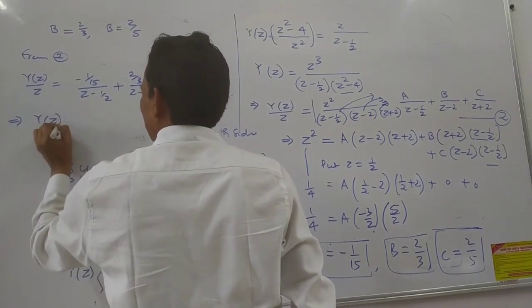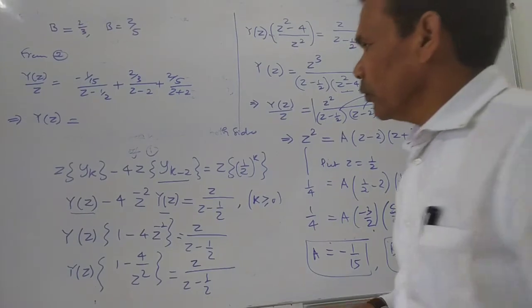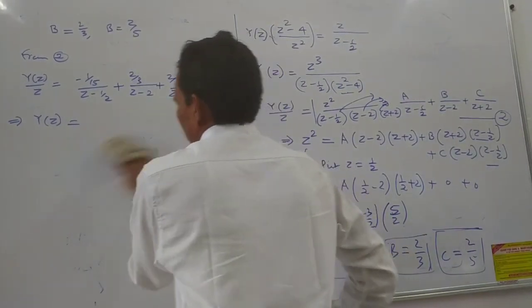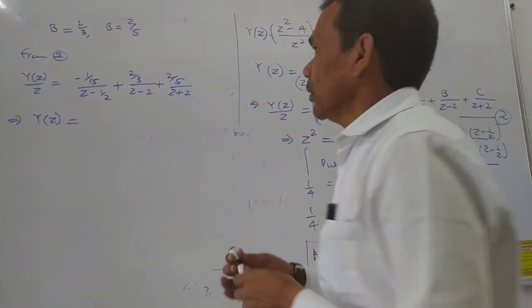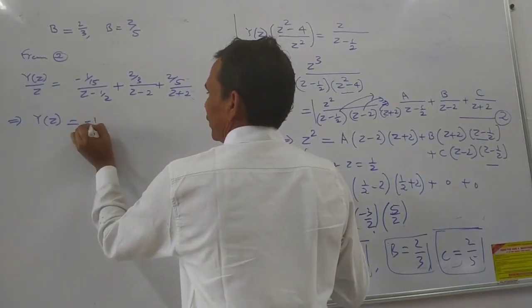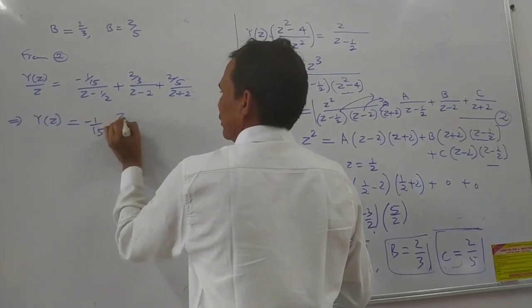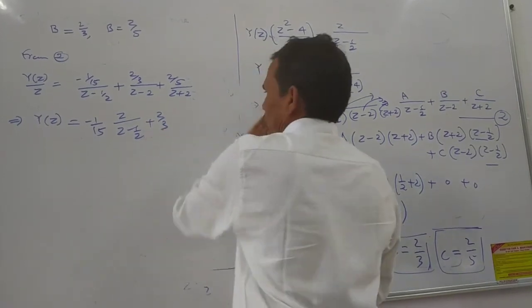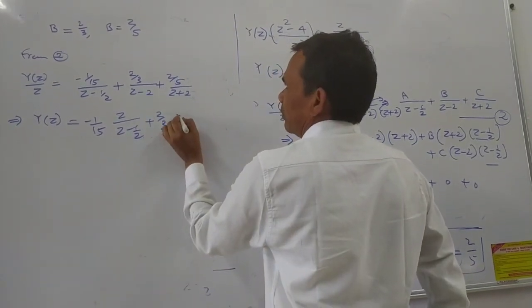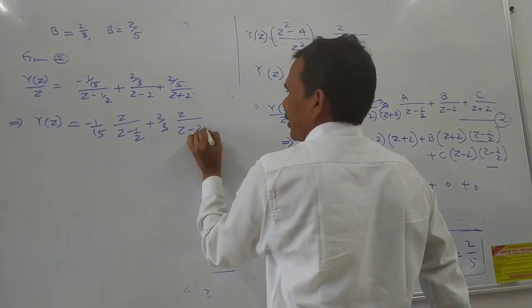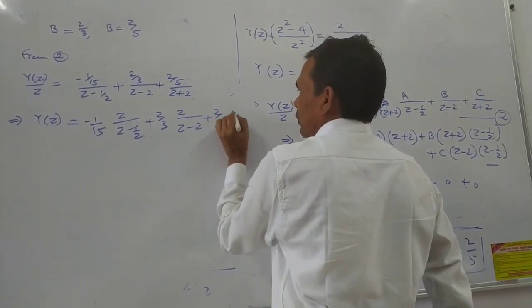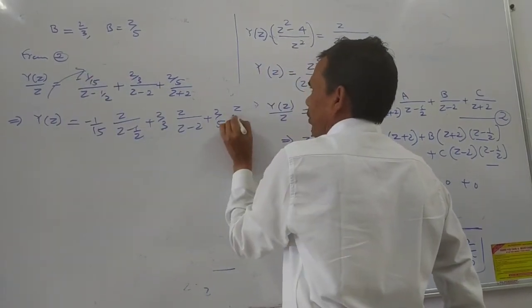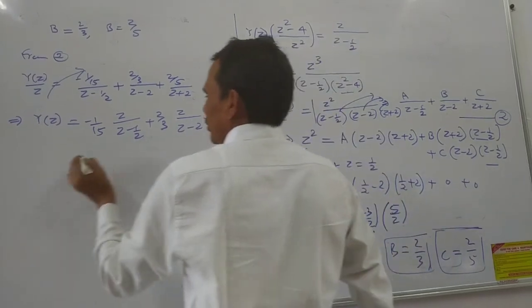So Yz is equal to minus 1 by 15, z upon z minus half, plus 2 by 3, z upon z minus 2, plus 2 by 5, z upon z plus 2. Now this is the requisite form.